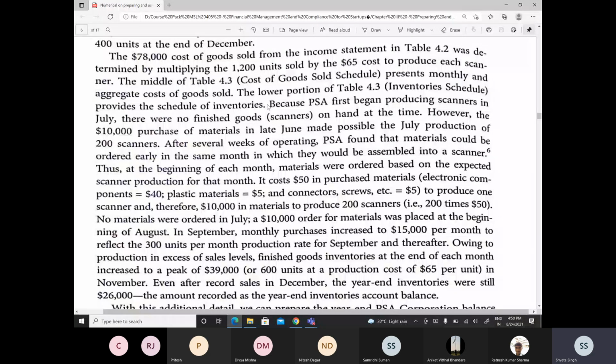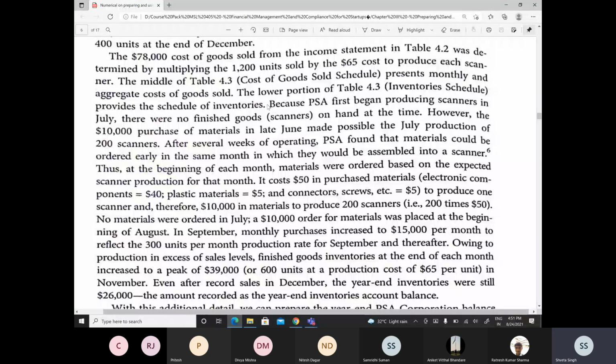After several weeks of operating, PSA found that the materials could be ordered early in the same month in which they would be assembled into a scanner. Thus, at the beginning of each month, materials were ordered based on the expected scanner production for that month. It costs $50 in purchased materials, that is electronic components $40, plastic materials $5, and connectors, screws, etc. for $5 to produce one scanner, and therefore $10,000 in materials to produce 200 scanners.